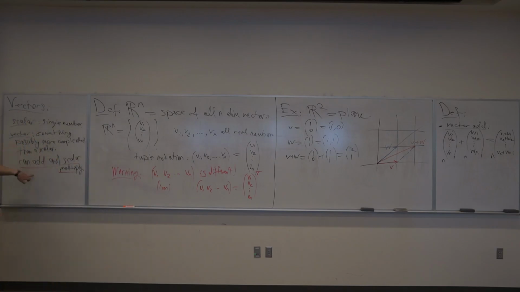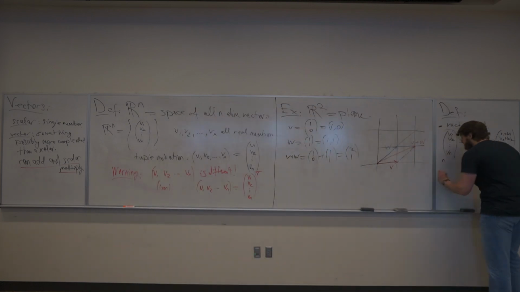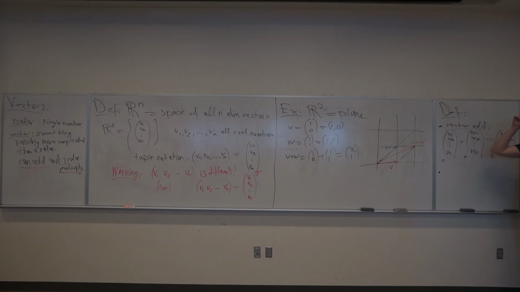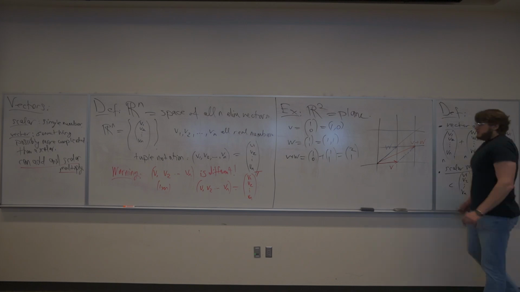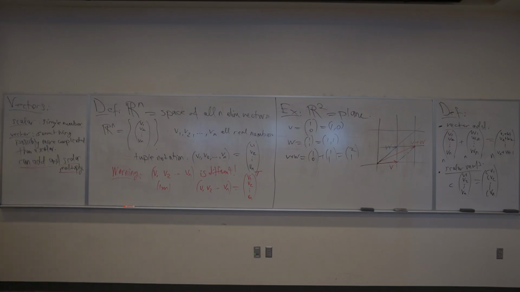The other operation here is scalar multiplication. For now, we're not multiplying vectors, okay? But we can multiply one vector with one scalar. So some constant, some scalar c times (v1, v2, ..., vn) is (c times v1, c times v2), and so on. So for instance, minus v is nothing but minus 1 times v, of course.